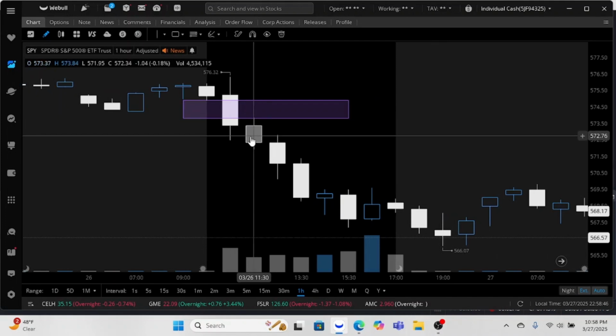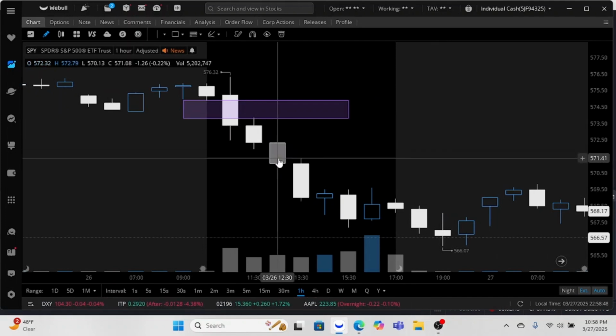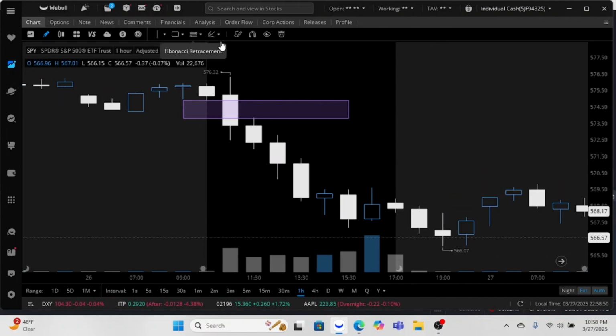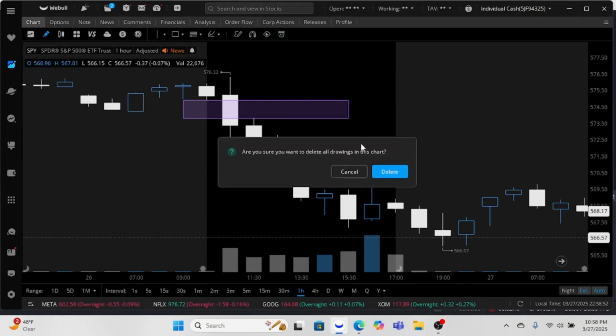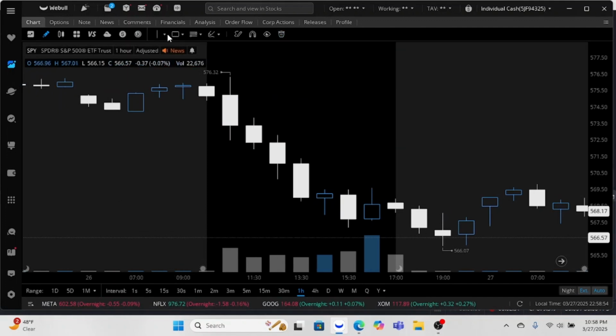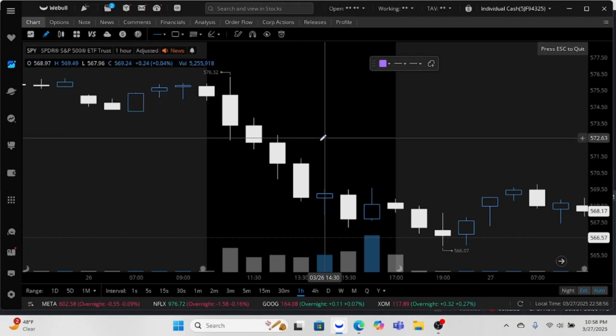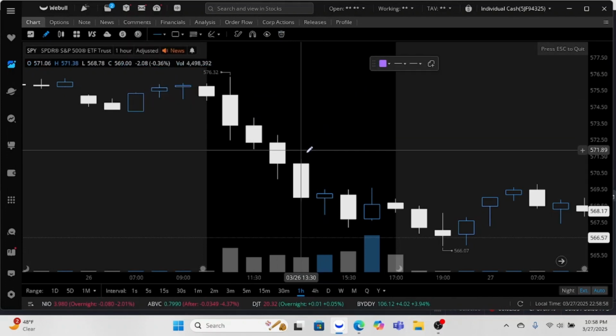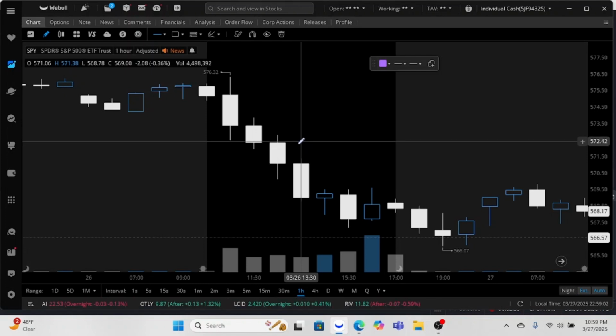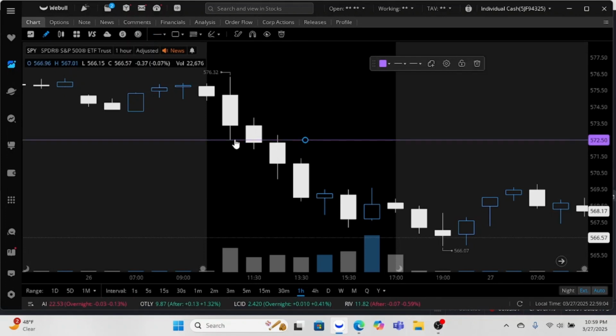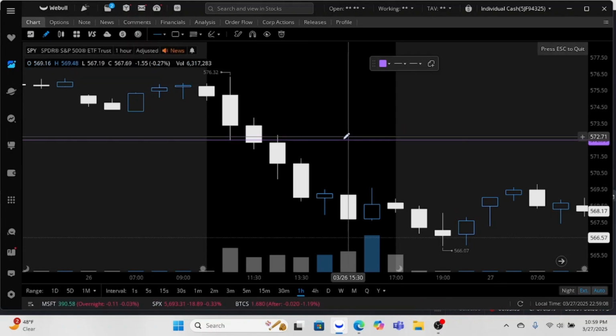Now, if you look at these 3 candles, there is no fair value gap because there's no gap between them. If we take a look at the low right here on this candle, and the high, they overlap.